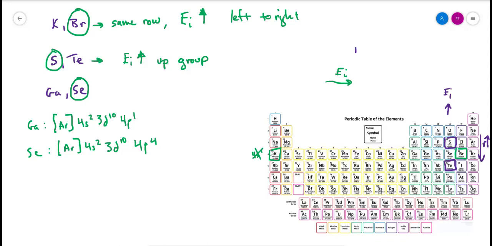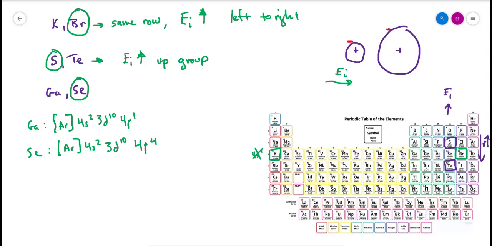So we're talking about comparing, say, sulfur, which could be this big, and tellurium, which could be this big, and both of those have a valence electron out in this shell. They both have the same exact electron configuration, except that tellurium has it in the fifth shell, and sulfur is in the third shell.